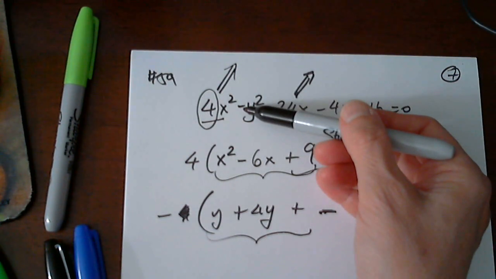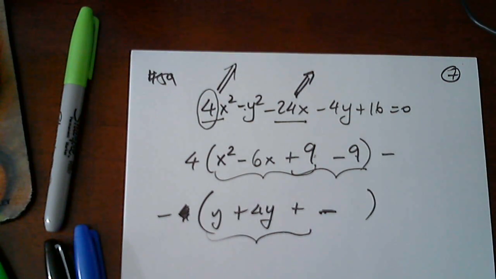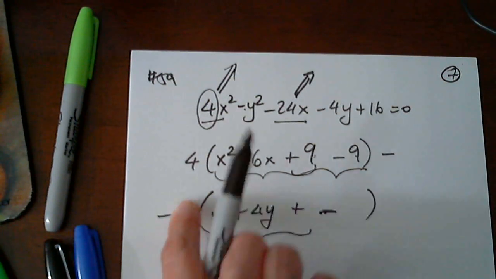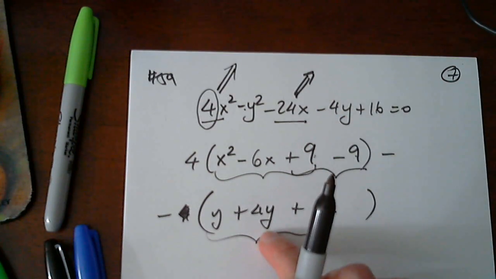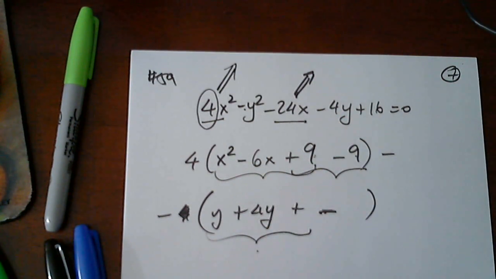So we factor out -1. So I have y squared plus 4y. What do I need to add and subtract to complete the square?